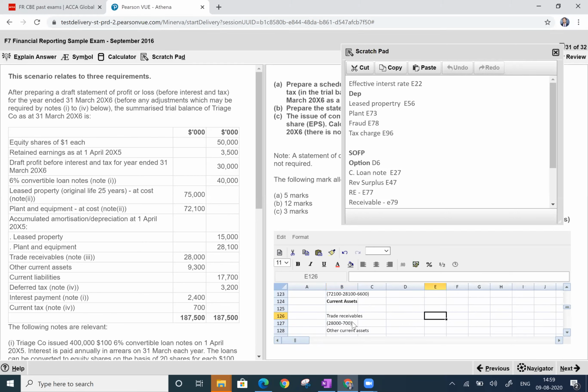So in your calculation, this is equal to 28,000 minus 700, trade receivable is 79. Other current assets equal to 9,300. I hope there are no further assets. If there, we will go and check. 1,38,600.